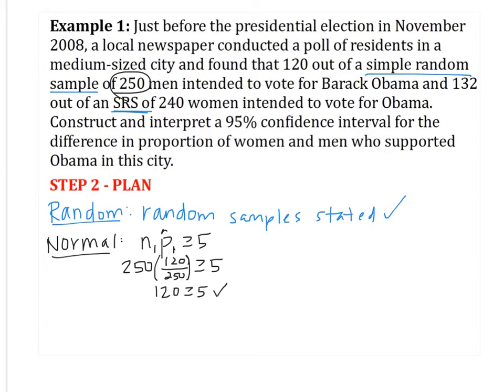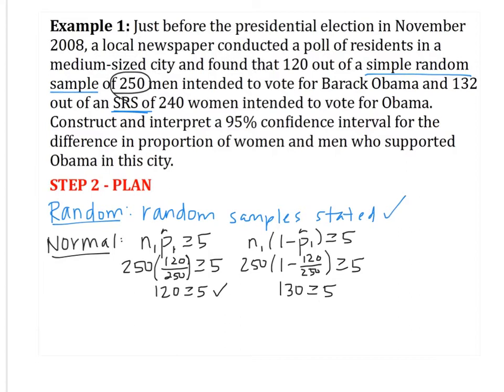Then I have to do n1 times 1 minus p-hat 1 greater than or equal to 5, and that would be 250 times 1 minus 120 over 250, and that gives me 130, which is greater than or equal to 5.